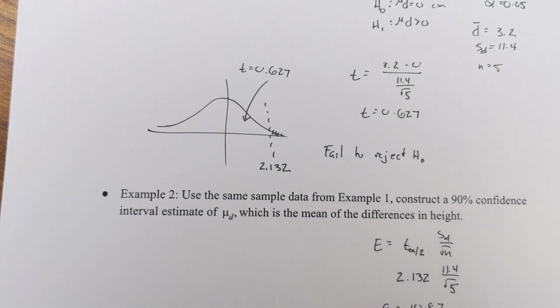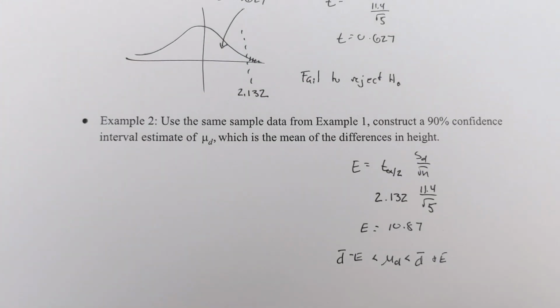So it's d bar minus e less than mu d less than d bar plus e is our formula. d bar was 3.2, so 3.2 minus 10.87 gives negative 6.7 less than mu d less than 3.2 plus 10.87, which is 14.07.